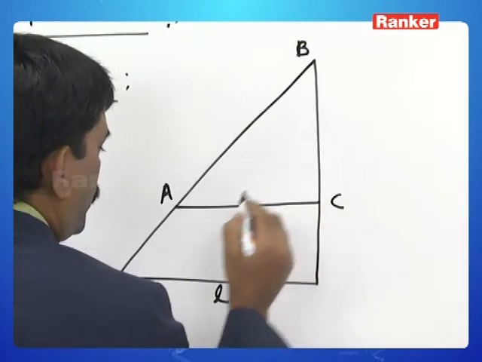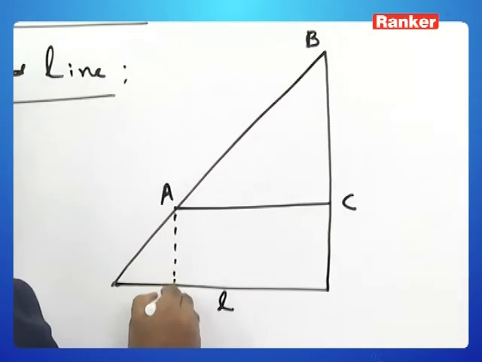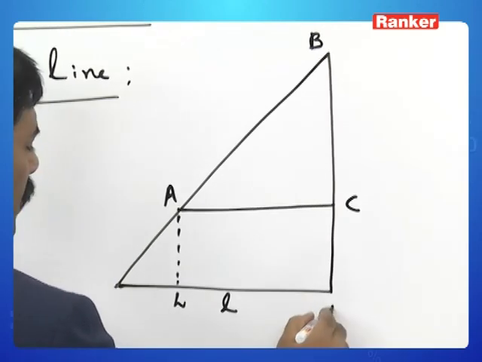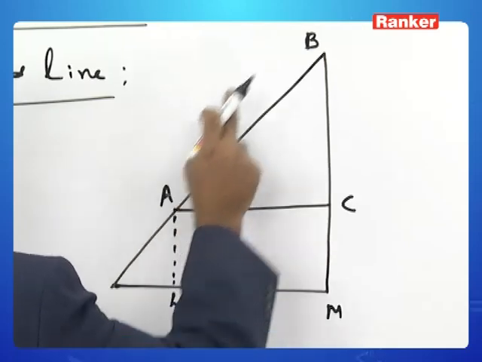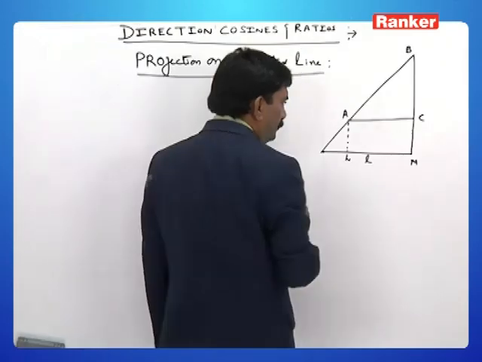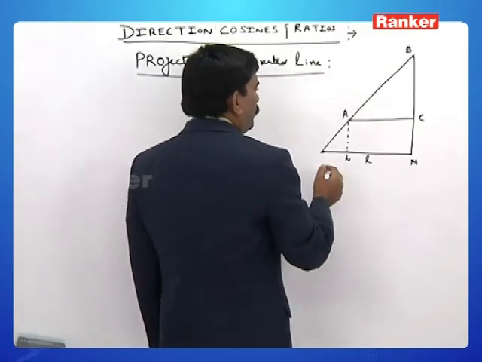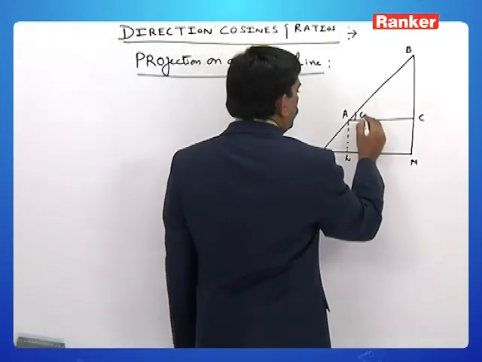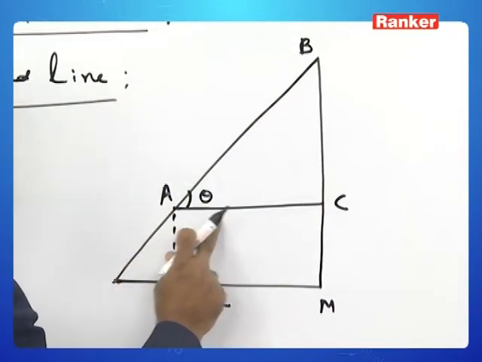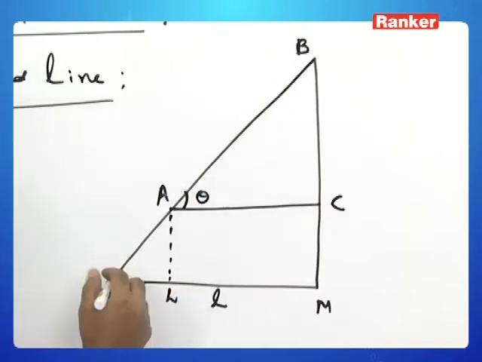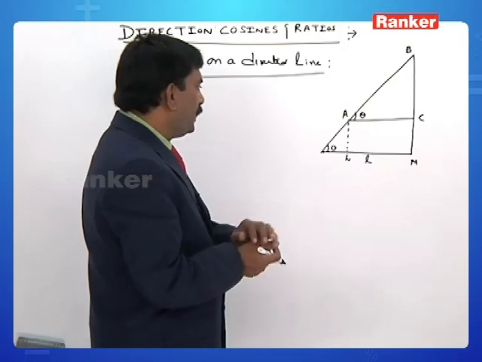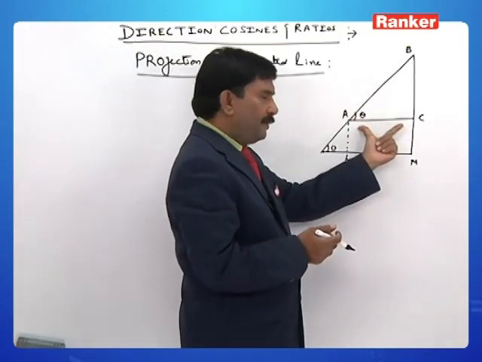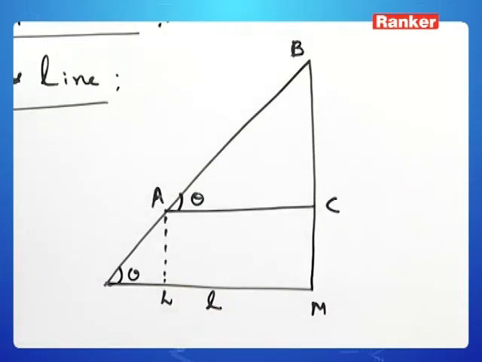You take this as C. L and M are the projections of A and B on the line L. Now, this line makes an angle theta with this. If it is extended, this is also theta. Now, the length of AC is the same as the length of what? LM.